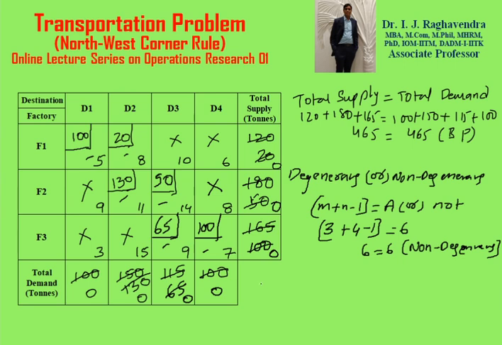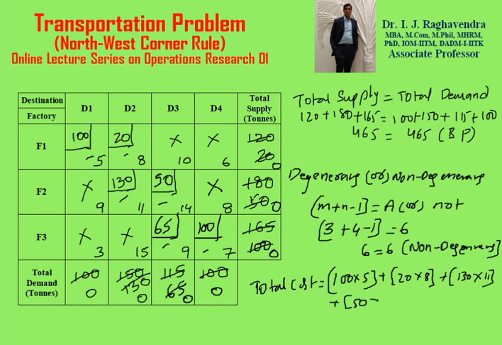So we can easily calculate the total cost of this problem. Total cost is equal to, simply multiplying the allotment into the cost, that is 100 into 5 plus 20 into 8 plus 130 into 11 plus 50 into 14 plus 65 into 9 plus 100 into 7.